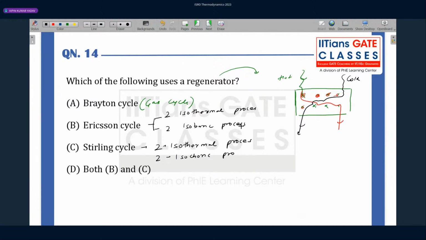So these have isothermal processes, and therefore these two cycles are derived from the Carnot cycle. Their efficiencies are very close to the Carnot cycle. But again, an isothermal process is impossible to achieve, so to get as close as possible to an isothermal process, we use a regenerator in the Ericsson and Stirling cycles. The right answer is both B and C.